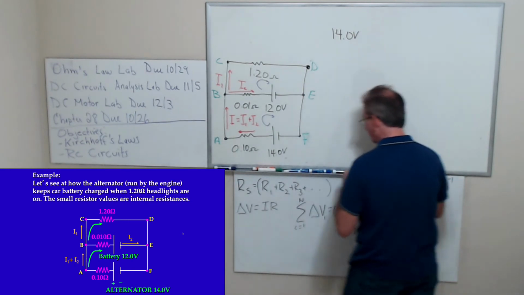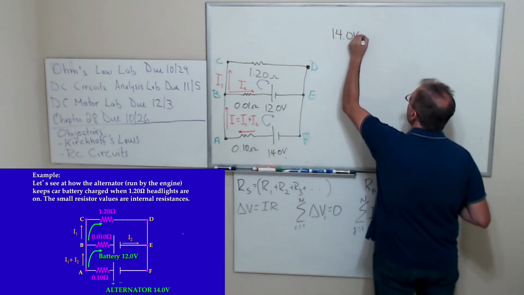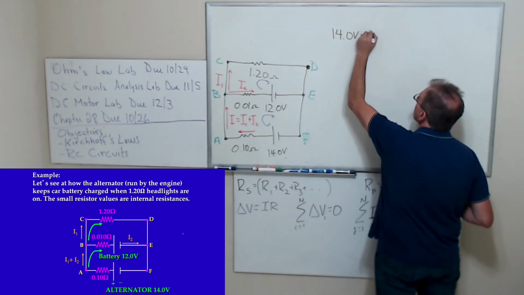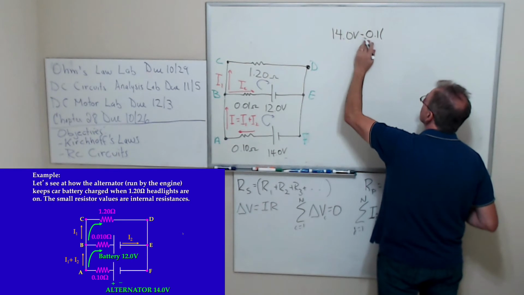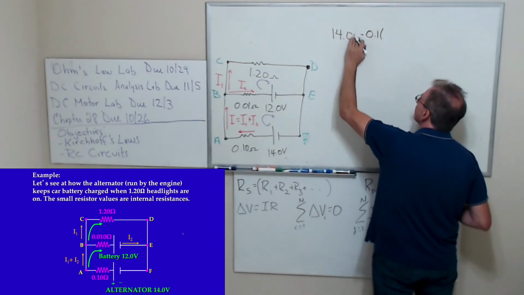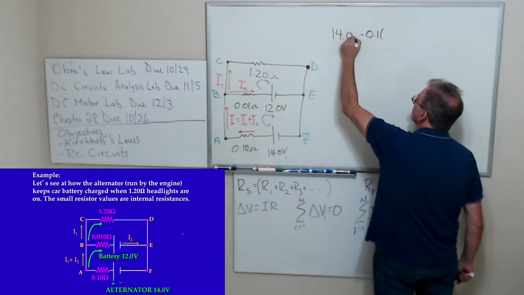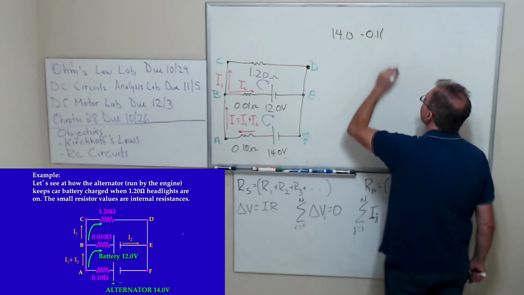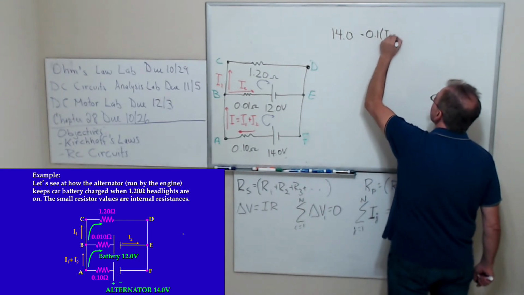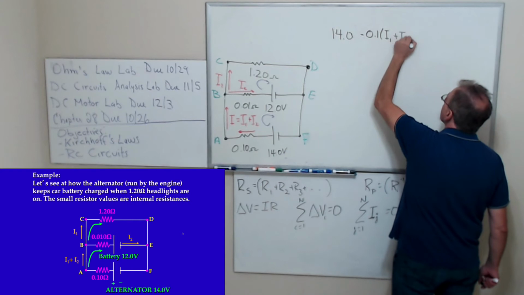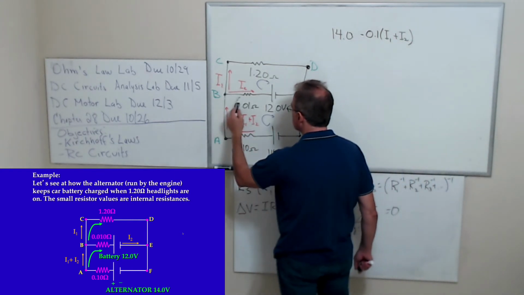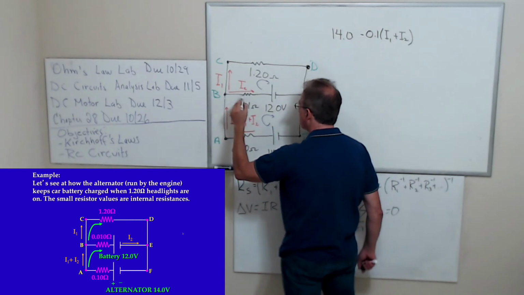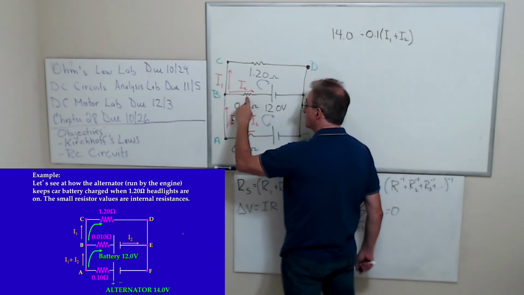And so this is going to be minus 0.1. And I'm not going to put the units in, because I'm not going to have enough space on my board. Then I reach this resistor. Again, I'm going clockwise, summing in the direction of the current.